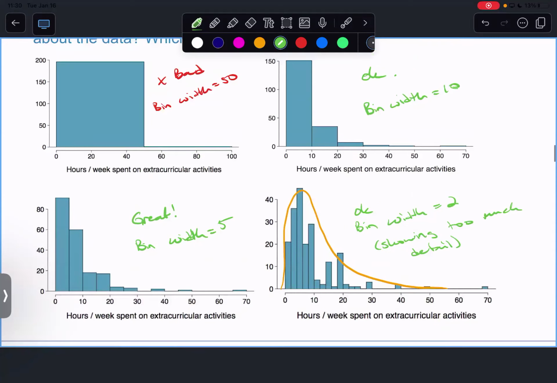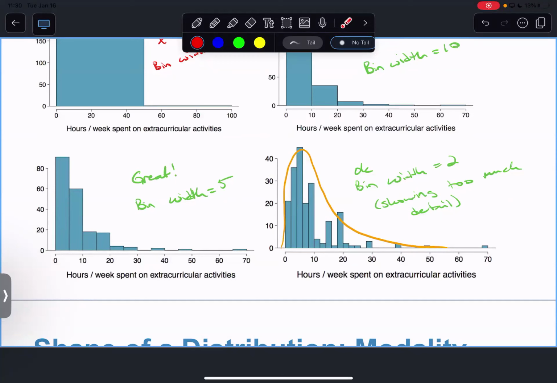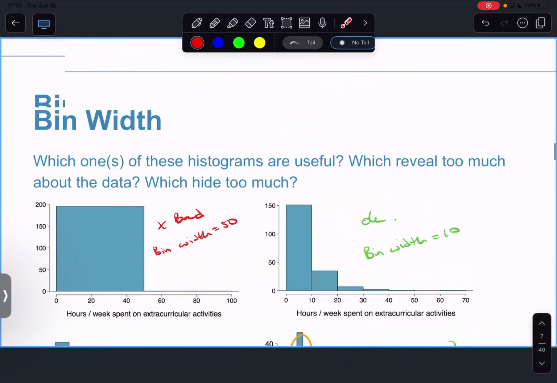But I don't want to see something like this. It's hard to describe it, or I guess it's really easy to describe the shape. And so you're going for something like this, in general.